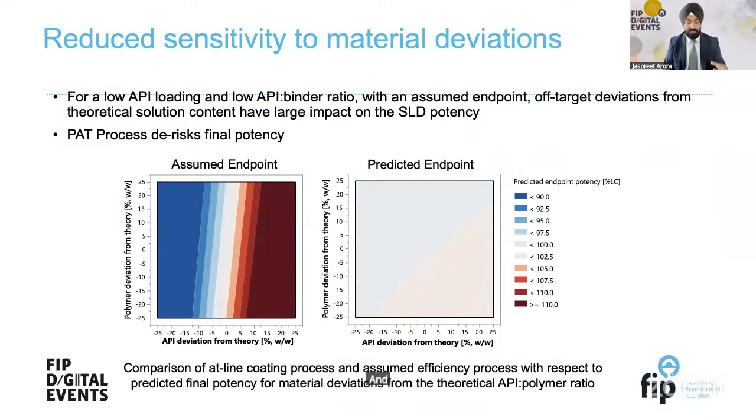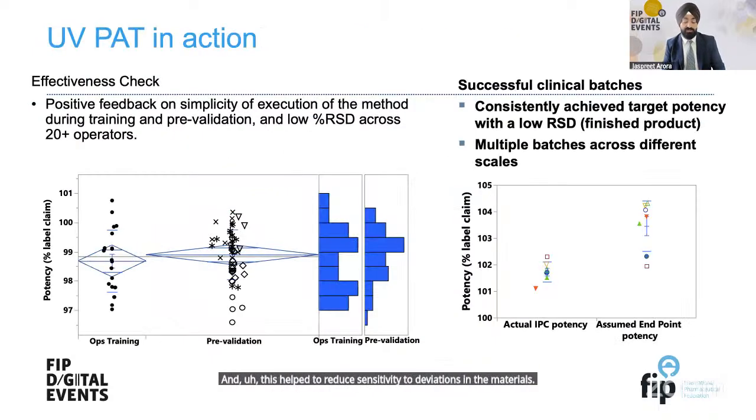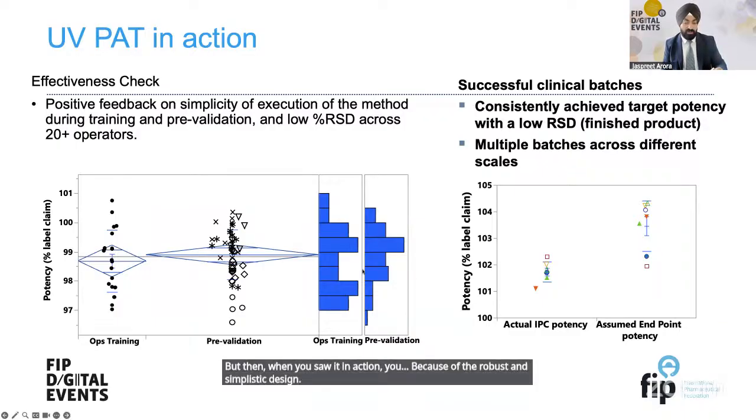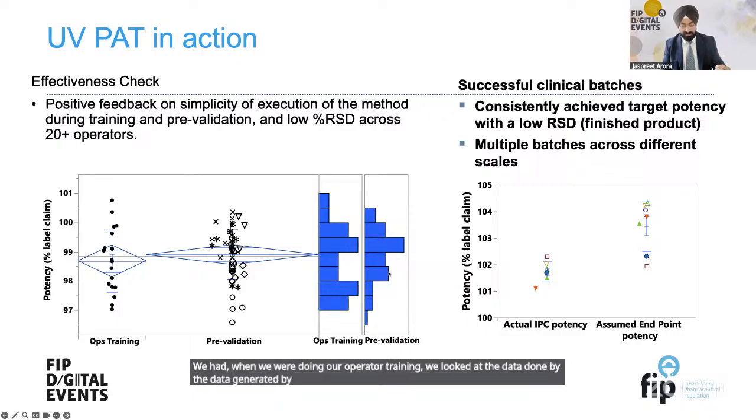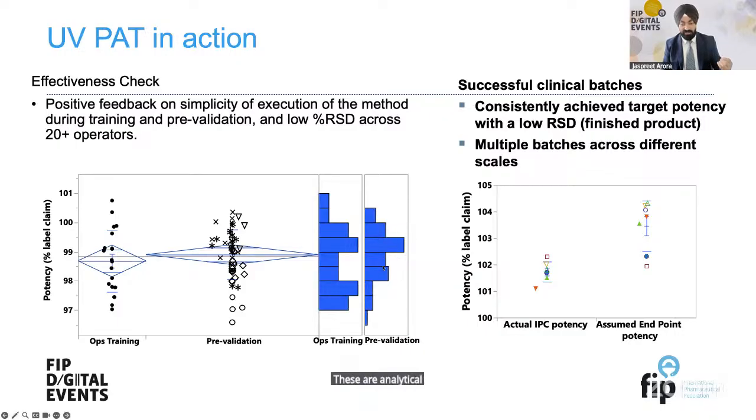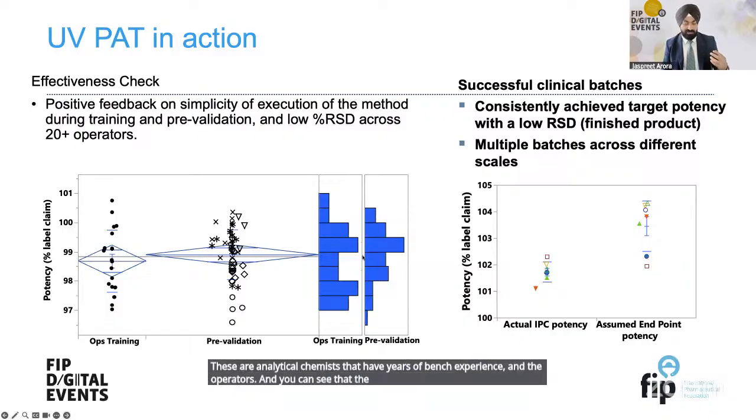And this helped reduce sensitivity to deviations in the materials. But then when you saw it in action, because of the robust and simplistic design, when we were doing our operator training, we looked at the data generated by scientists. These are analytical chemists that have years of bench experience, and the operators. And you can see that the numbers, the percent RSD, is not too different.